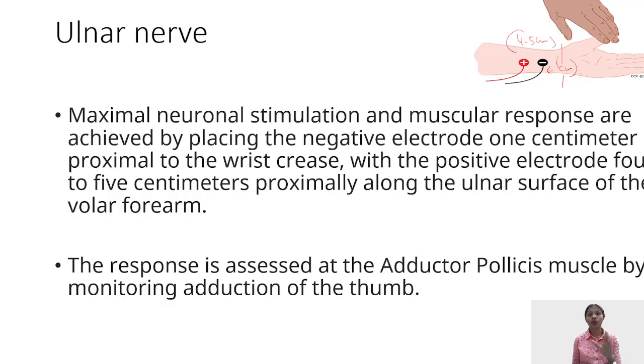You put it on the volar surface of your forearm medially, because there is your ulnar nerve and ulnar artery. And when this is stimulated, you see the adductor pollicis action, that is the adduction of the thumb is noted.